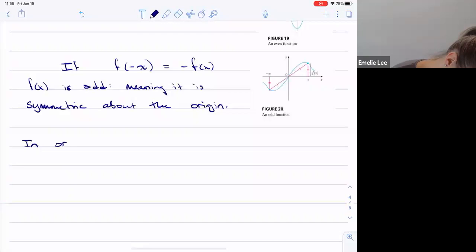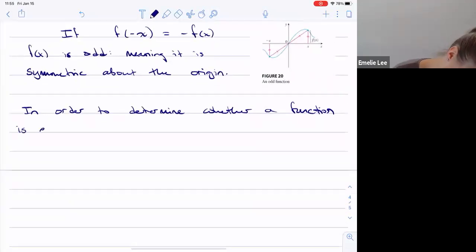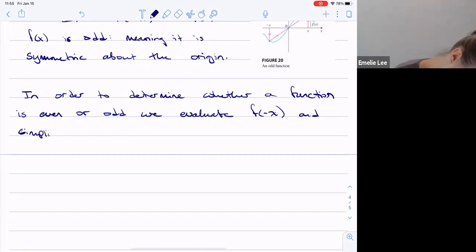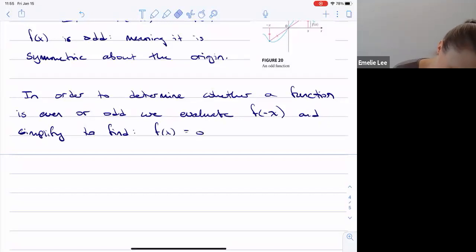In order to determine whether a function is even or odd, we evaluate f of negative x and simplify to find f of x, then it's even.